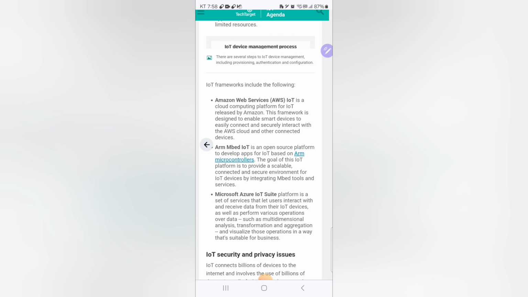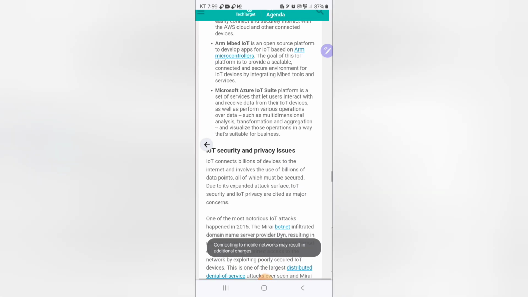ARM Mbed IoT is an open source platform to develop apps for IoT based on ARM microcontrollers. The goal of this IoT platform is to provide a scalable, connected, and secure environment for IoT devices by integrating embedded tools and services.